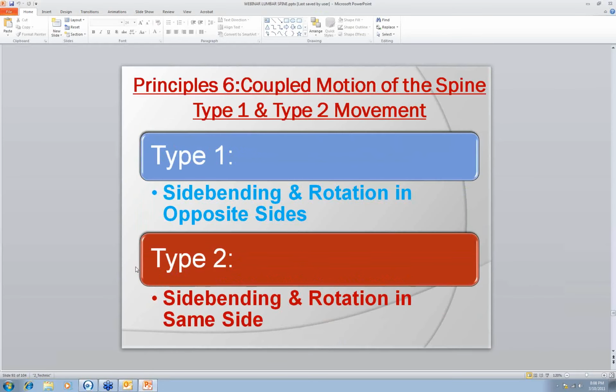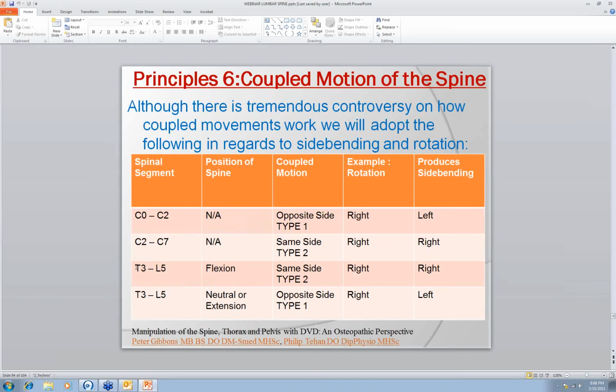So Fryette says then that we have two types of motions, type 1 and type 2. Type 1 is when the side bending and the rotation happen on opposite sides, while type 2 is when the side bending and the rotation happen on the same side. So listen, there is tremendous controversy on how the coupled movements work.